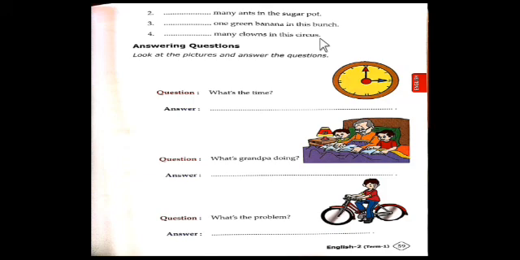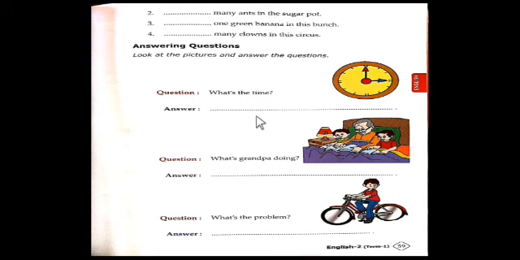Okay, next one. Answering questions. Look at the pictures and answer the questions. Students, look at this picture and answer. What's the time? Can you guess what is the time now? The short hand is towards the 3 and the long hand towards the 12. Then it is 3 o'clock. So write the answer.